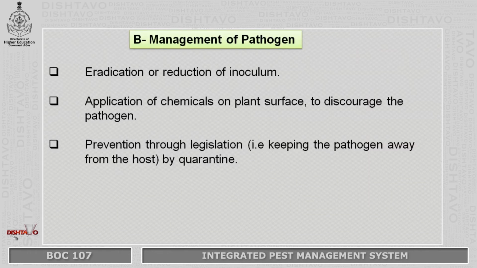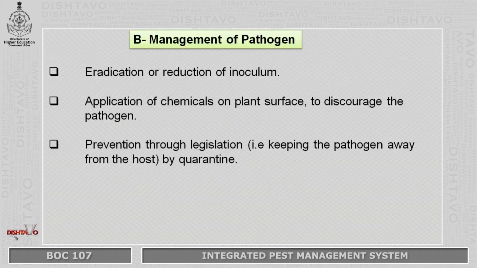Next, we have management of the pathogen. Under this, first, eradication or reduction of inoculum, then application of chemicals on the plant surface to discourage the pathogen, and prevention through legislation, that is by the quarantine method. Here, suppose in one country there is one variety of pathogen, say, take the example of potato, which is highly infected.